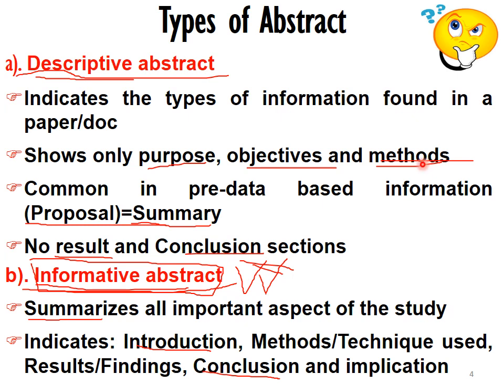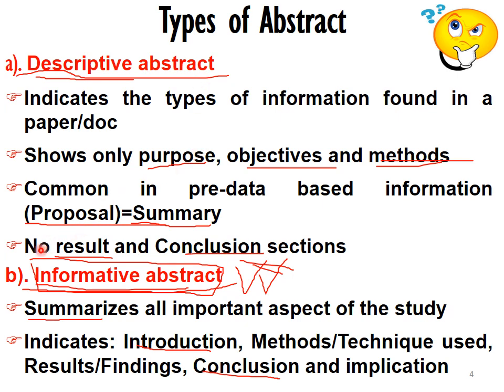Then, with the proposal document, you also need to write up the summary, the abstract, which will contain these 3 important chapters, and issues related to results and the conclusion will not be observed under this kind of abstract. Such an abstract, which simply describes a summary pertaining to a proposal, is what we call a descriptive type of abstract.